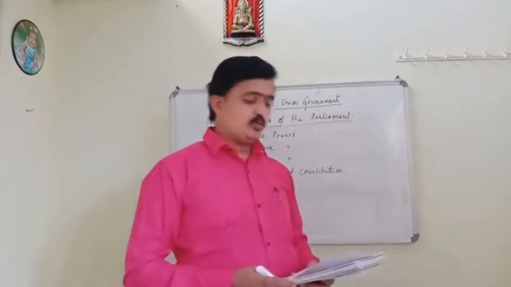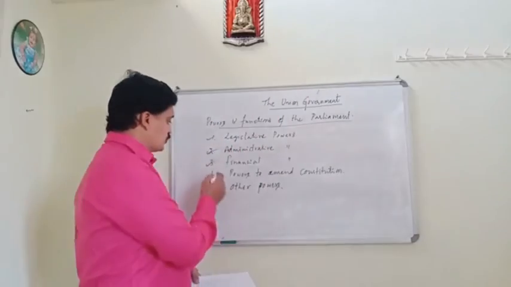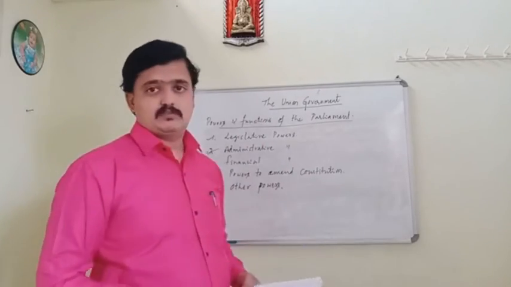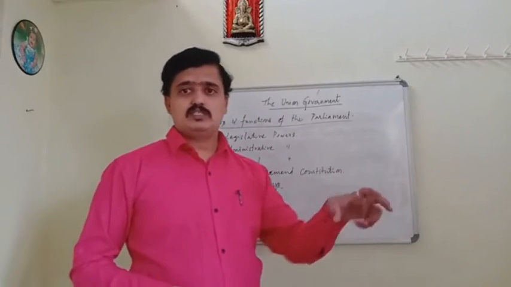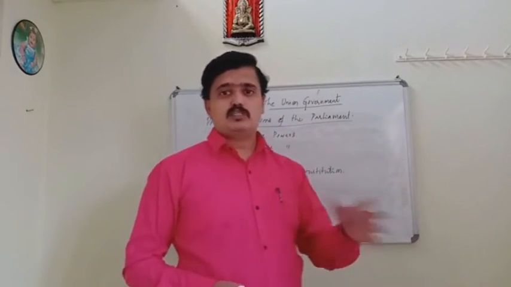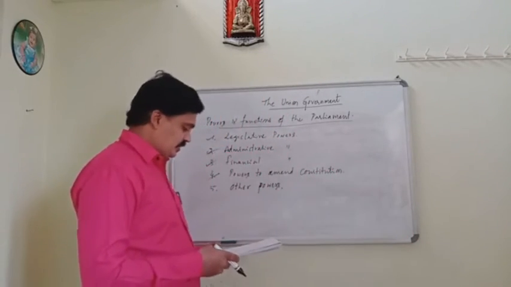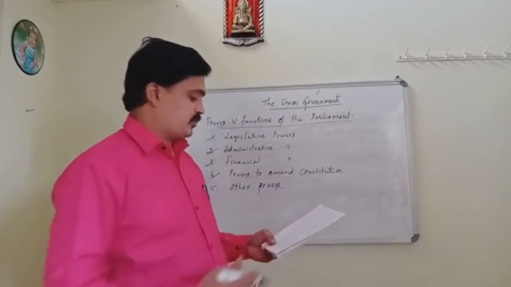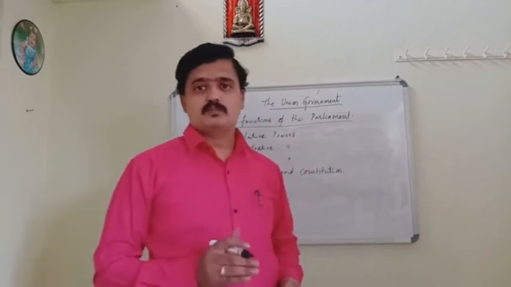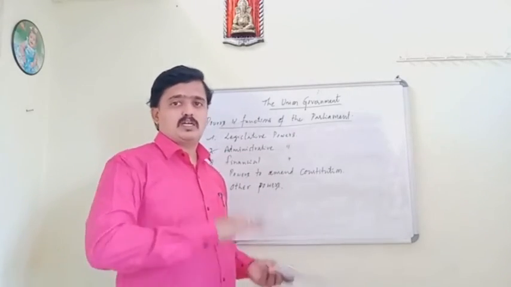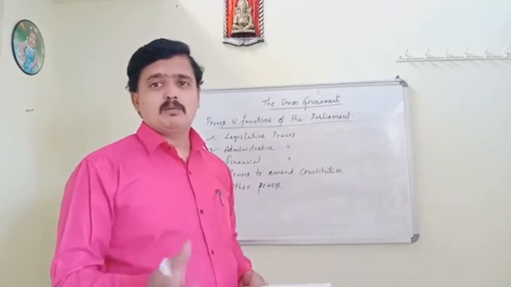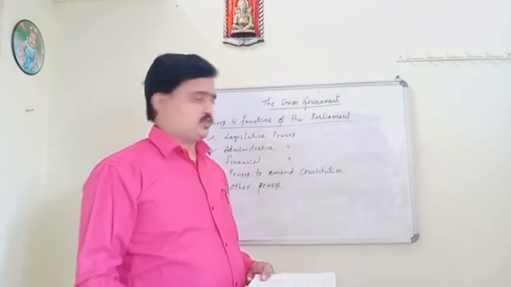Later we go to the powers to amend the Constitution. Amendment means corrections, making corrections in the laws or bills, whatever it may be. See, here both houses have equal powers to amend the Constitution. Both houses, Lok Sabha and Rajya Sabha, have equal powers to amend the Constitution here.